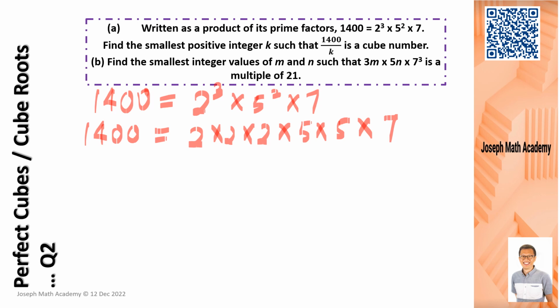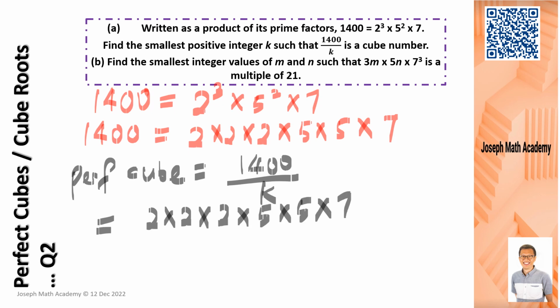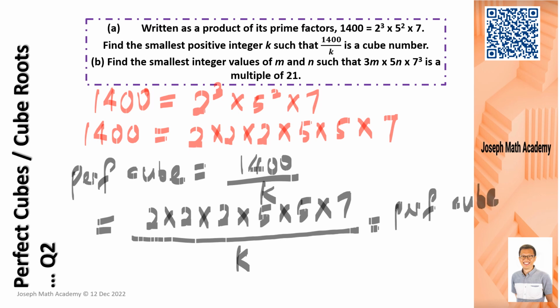And we are told that the perfect cube is 1400 divided by k, meaning 2 times 2 times 2 times 5 times 5 times 7, the whole product divided by k, will end up being a perfect cube. Now, if you remember in our previous slide, a perfect cube must be a set of 3.